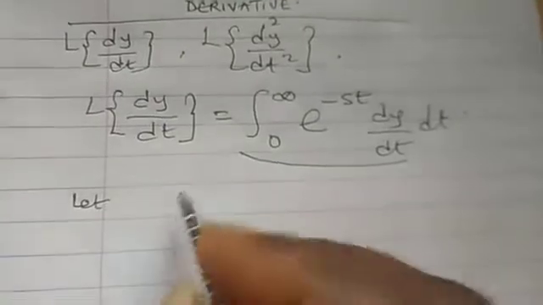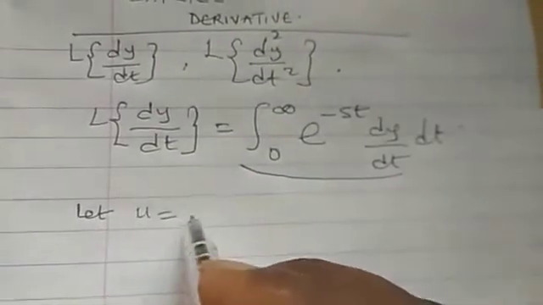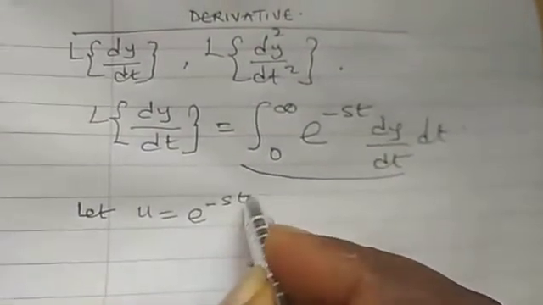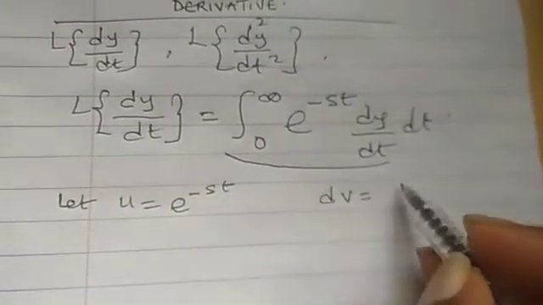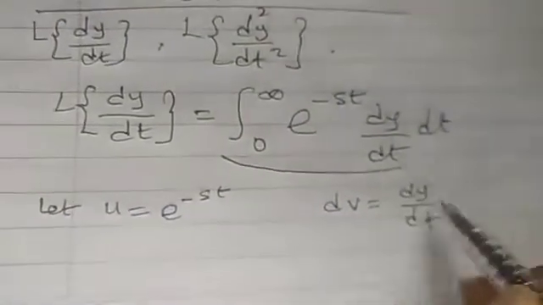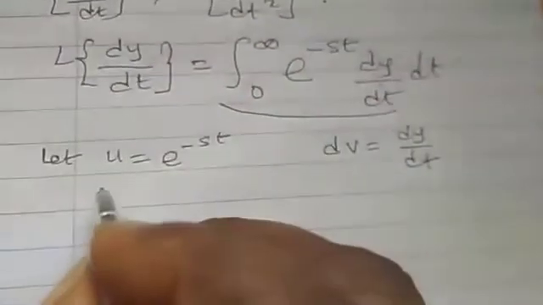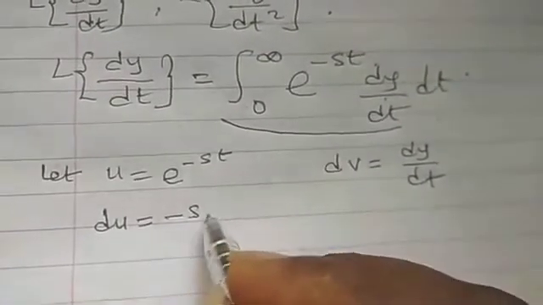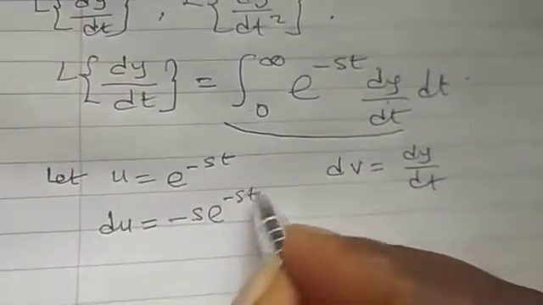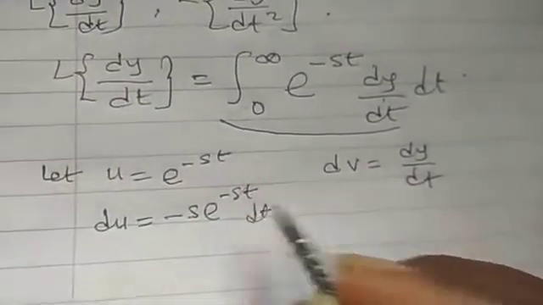We first say that let u be exponential minus st and let dv be dy dt dt. From this place, if you differentiate u, we have minus s exponential minus st dt.